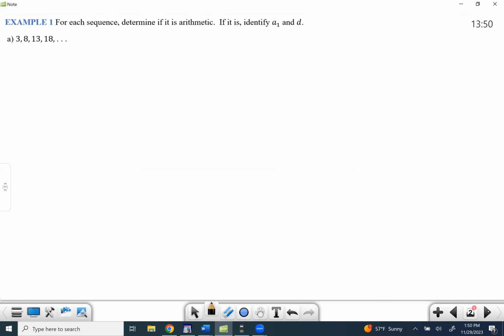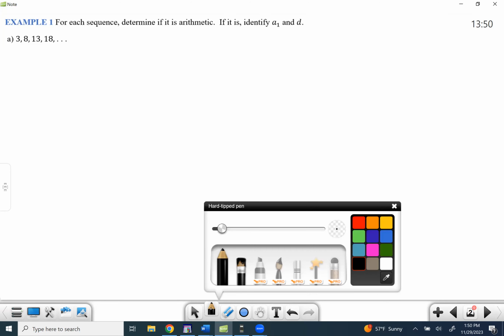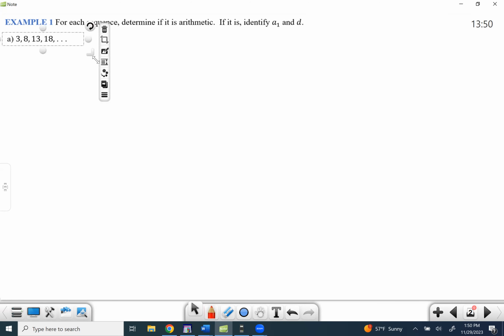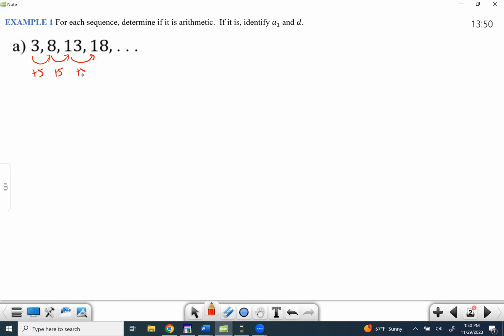Okay, so for each sequence, determine if it is arithmetic. If it is, identify a sub 1 and D, the common difference. Let's see what's going on each time. To get from this one to the next, we added 5. It looks like we added 5 again and added 5 again.